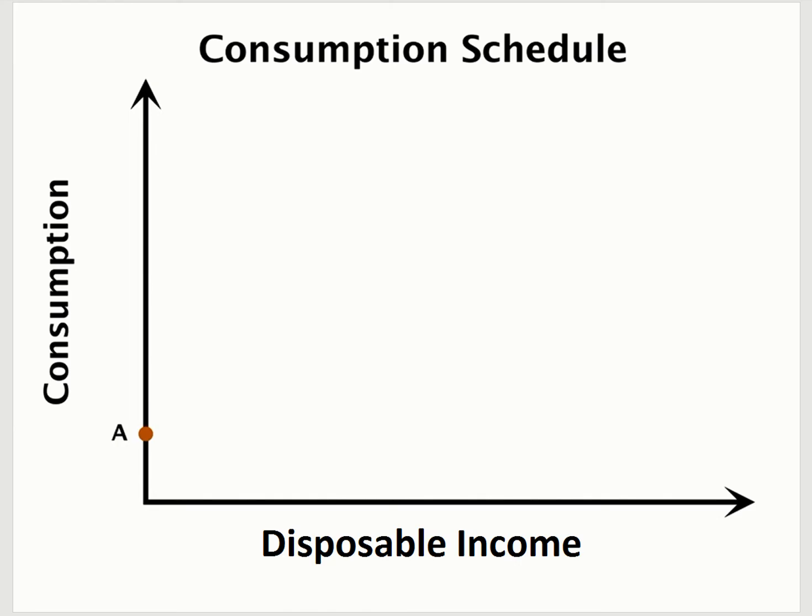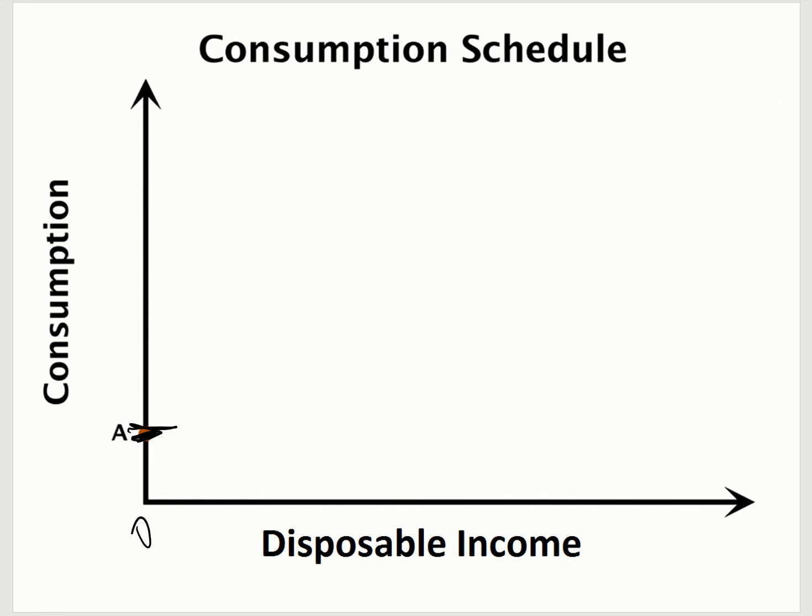So if you want to plot your consumption on a graph with respect to income, then you're going to start with this point A. Now this point A means if your income is 0, you will still spend some money to buy stuff. So this A here is called autonomous consumption.